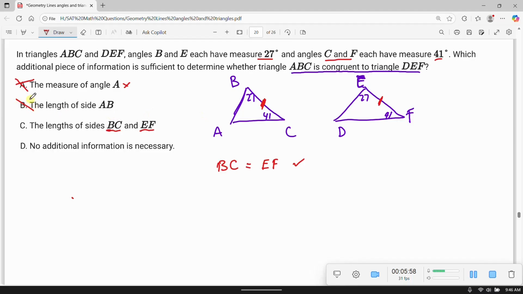So that is also wrong. The length of the sides BC and EF. So I label BC and EF. Now I know that the lengths BC and EF are the two congruent sides between the two congruent angles. So this is right. That's what I need to prove these two triangles congruent.